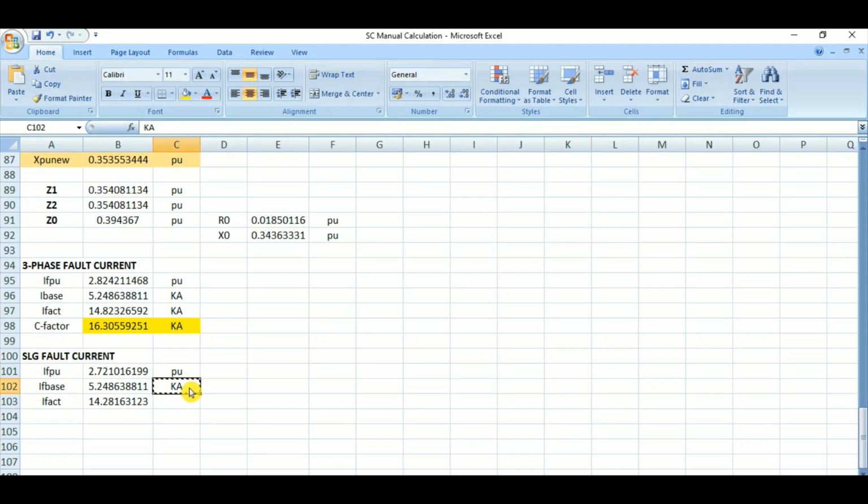So this is in kiloamps, 14.28 kiloamps, and with the C factor, which we consider as 1.1, just multiplied by this actual current, so 15.709 kiloamps. Let's go back to ETAP just to check whether this value is matching or not.